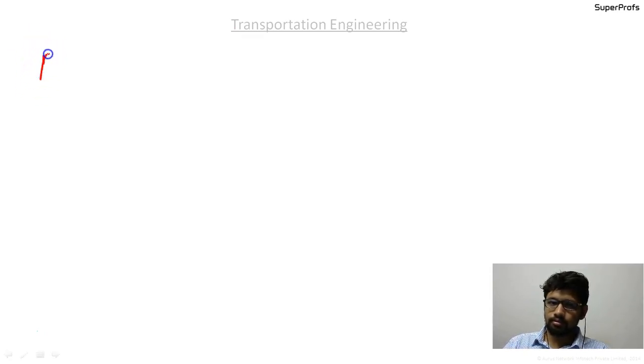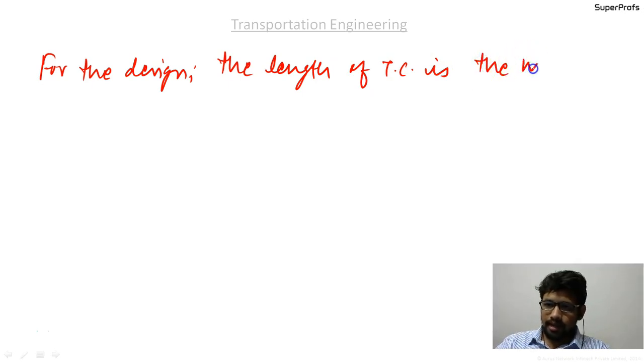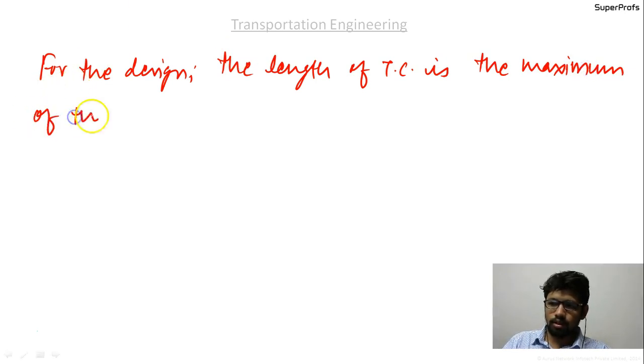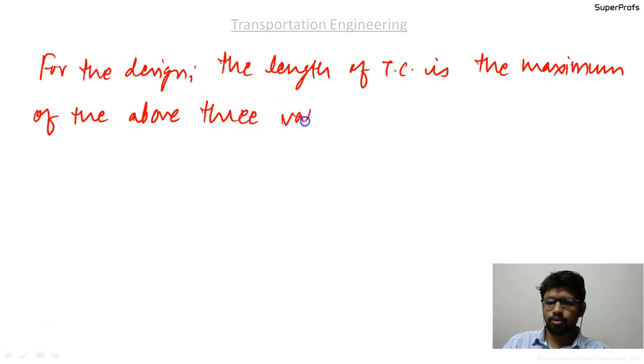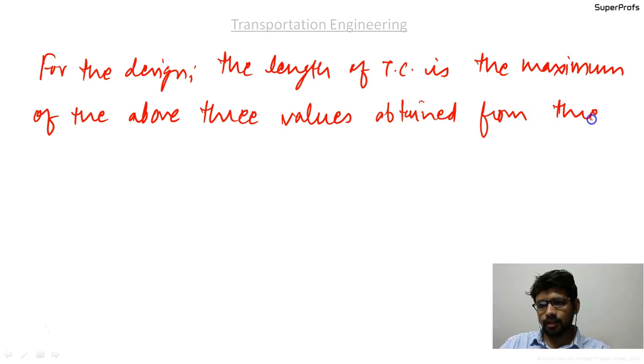The length of transition curve is the maximum of the above three values obtained from the three different criterions.